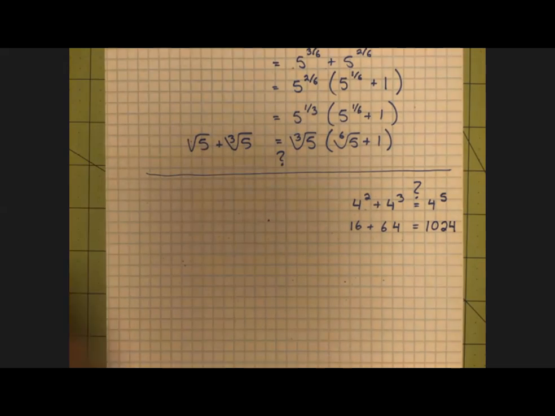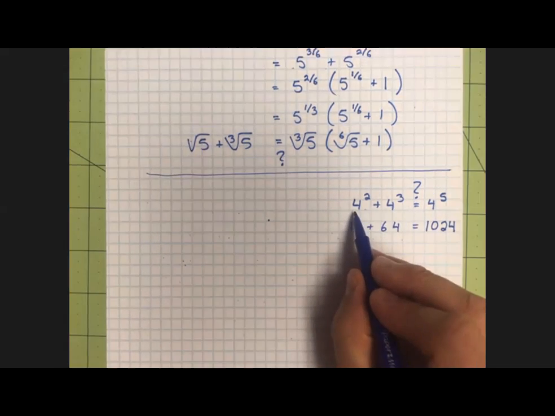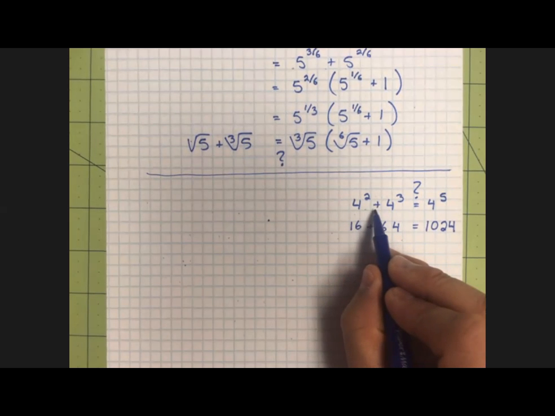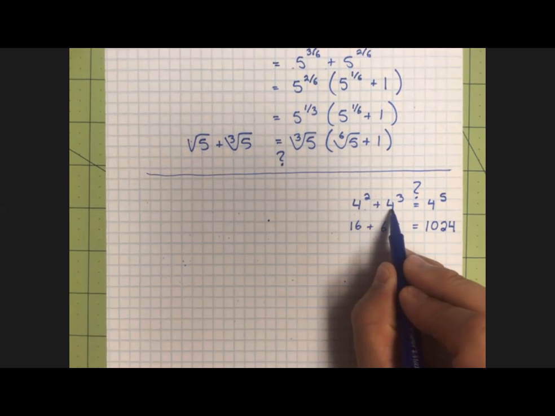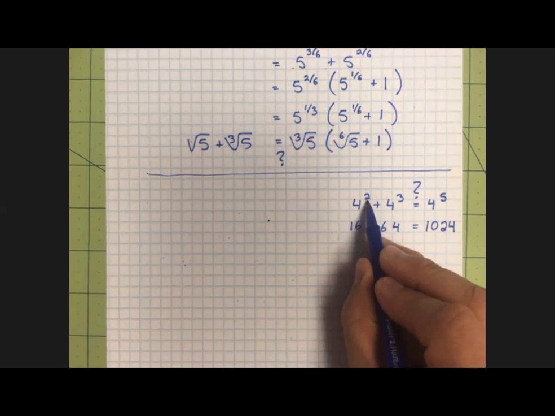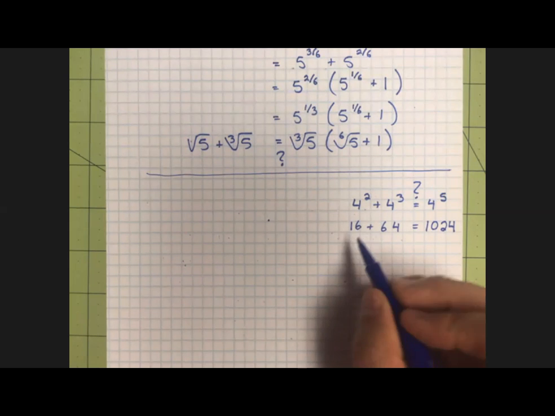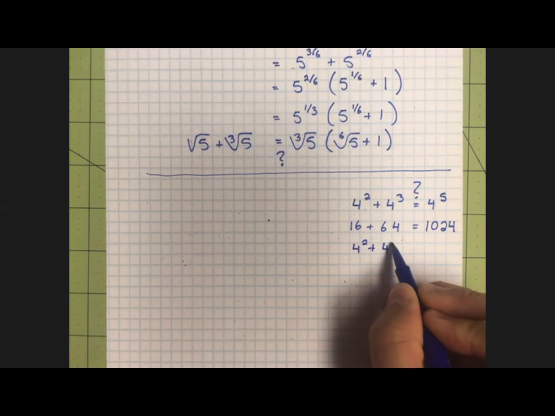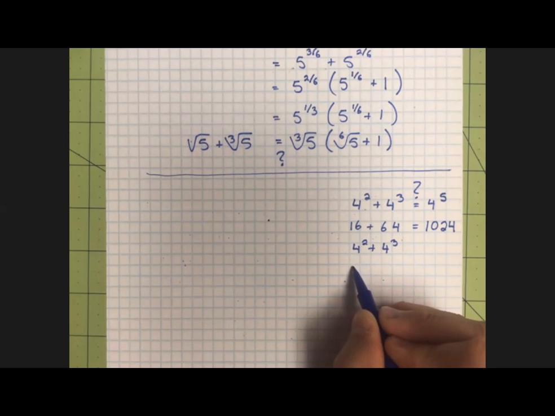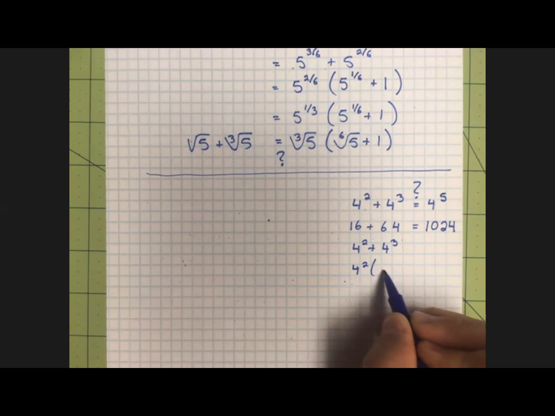1024. So you cannot add these things with a common base. Why? Because they have different exponents. You could factor out a 4 squared. You could say 4 squared, and that leaves behind 1 plus 4.